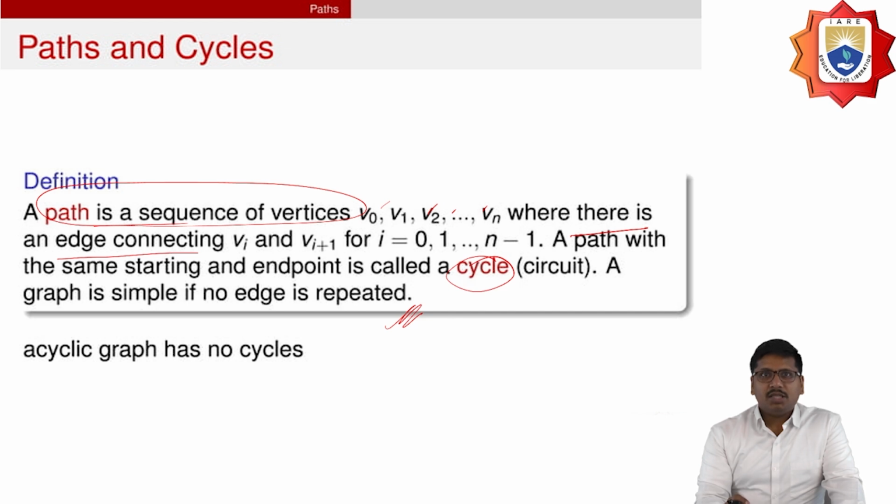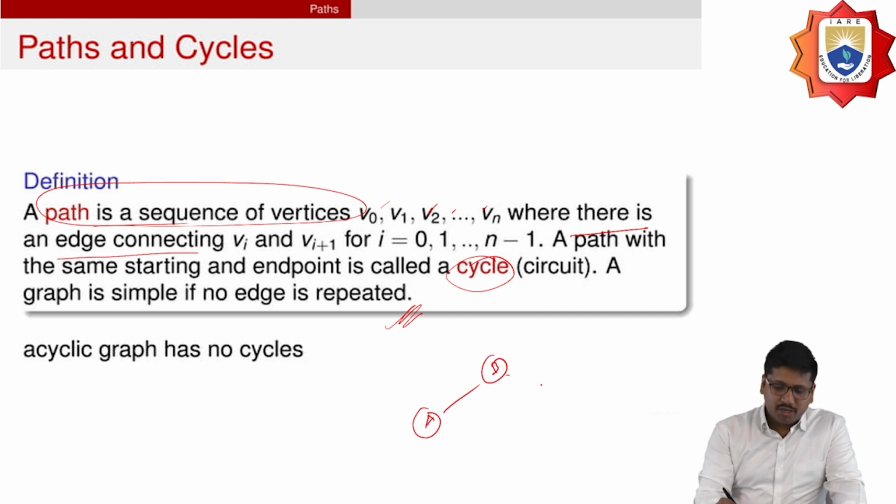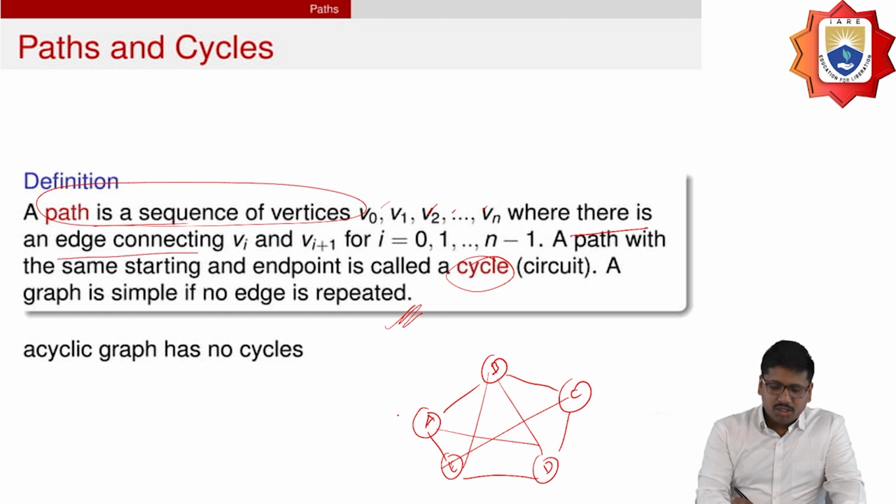Whenever there is a path whose starting and end point are the same, we can call it a cycle here. So if I have a graph like this, what is the path that connects A to E?